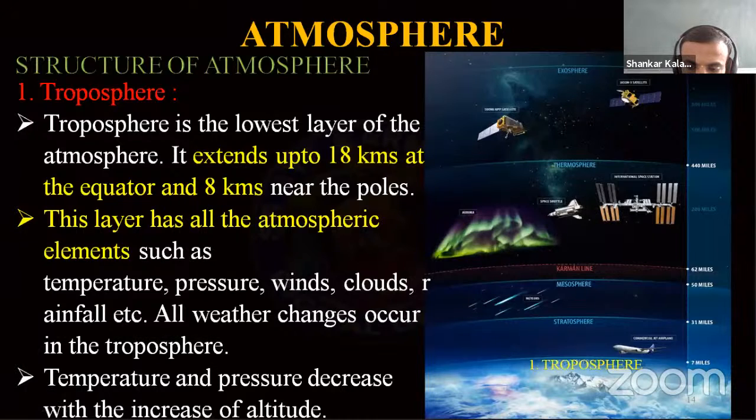Because of the Earth's oblate sphere shape, it is spread up to 18 kilometers near the equator, and near the poles only 8 kilometers.